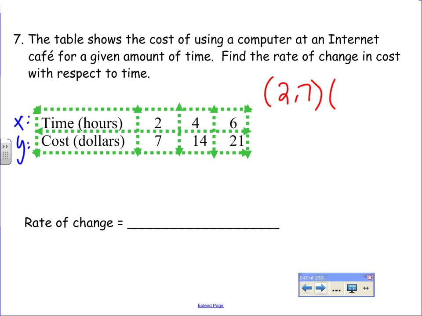What's another point they give me? Right, 4, 14. And my last one, Drew? Right, 6, 21. So you have to interpret the table and make sure you know what those points are, and then you can use your slope formula and find your rate of change.